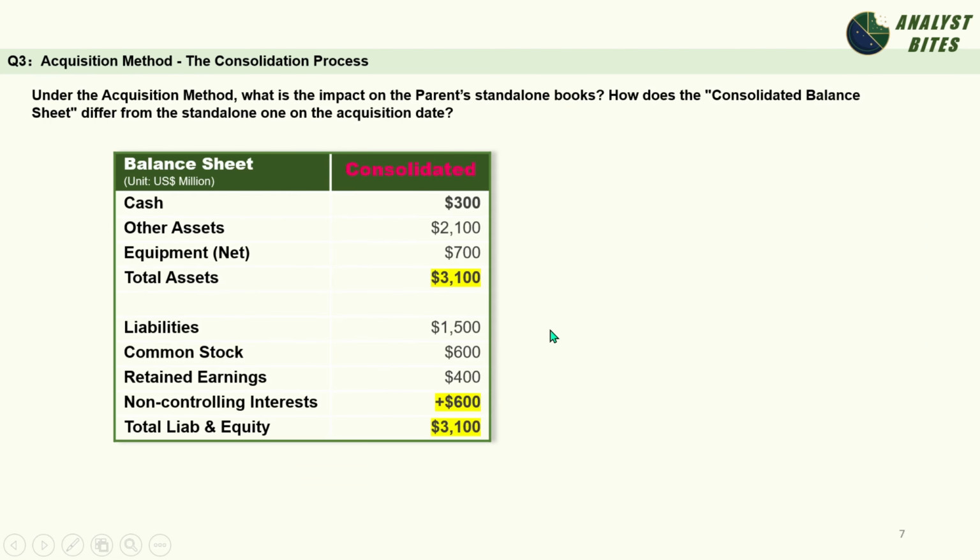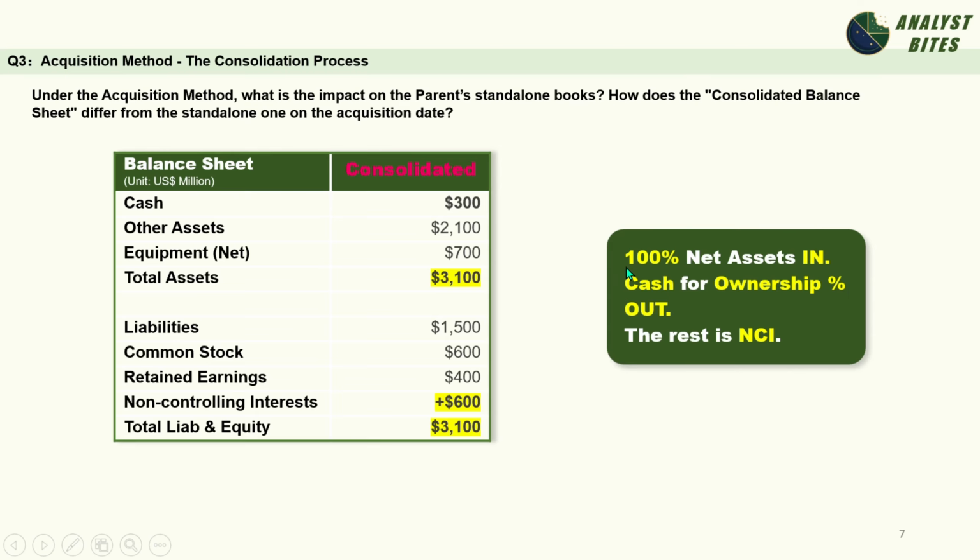Look at the final result. The consolidated assets and liabilities have expanded, but the common stock and the retained earnings belonging to the parent stayed the same, rock solid. So please remember these words: 100% net assets in, cash for ownership percent out.